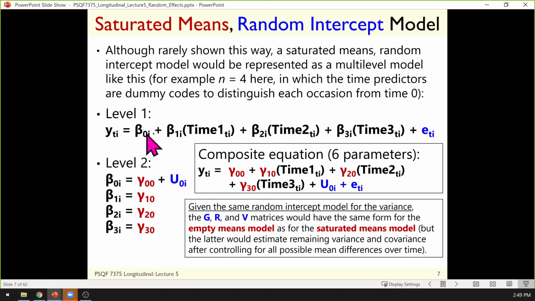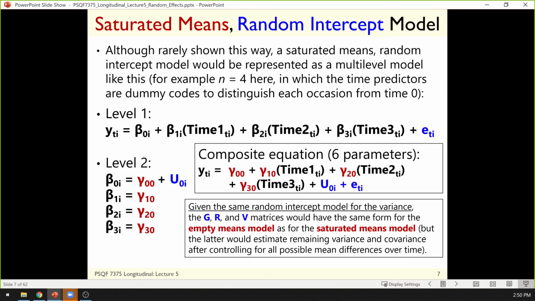So as many betas as I have in a level 1 equation, I have that many level 2 equations. Each beta holds, as a placeholder, how an individual gets their own of a particular parameter. In this example, the latter betas, 1, 2, 3 here, are only given fixed effects.